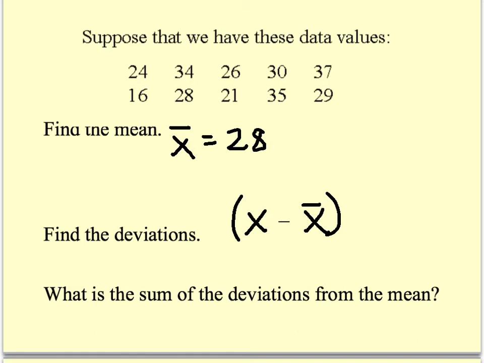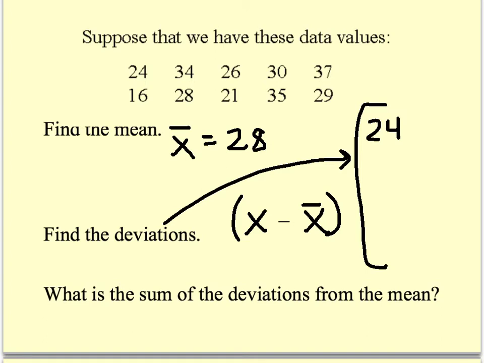I'll do one for you, and you can do the rest over here to the side. This goes with this. I take my data value, I subtract off my mean, and this first one gives me -4. Now I do that for each data value in the set. You can pause the video and do that now for the rest of your table, please.